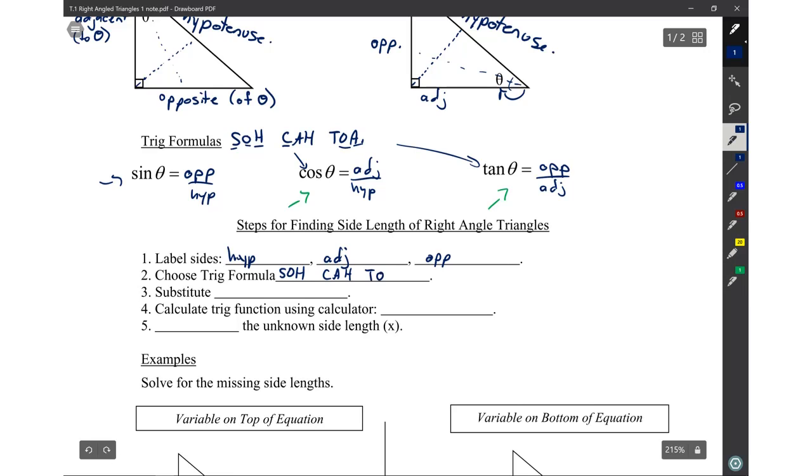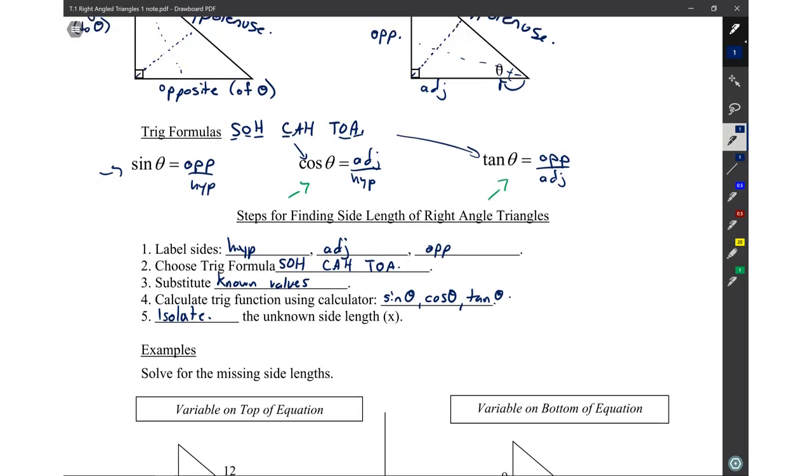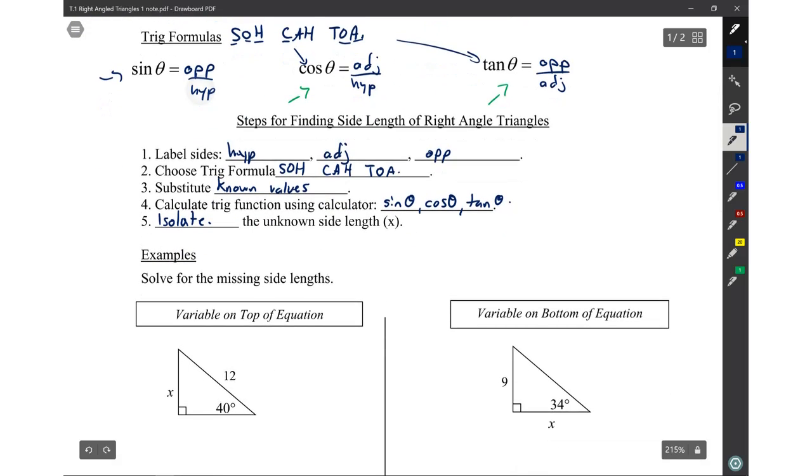Remember that by SOH CAH TOA. After that, we're going to substitute in our known values. And then we calculate our trig function using the calculator. That's either calculating our sine of theta, or cosine of theta, or tangent of theta. Finally, we'll isolate the unknown side length.